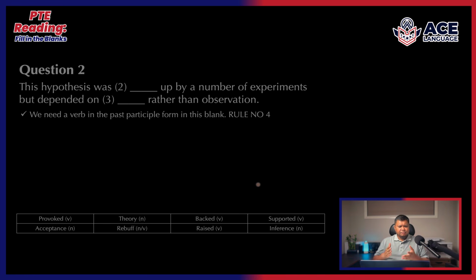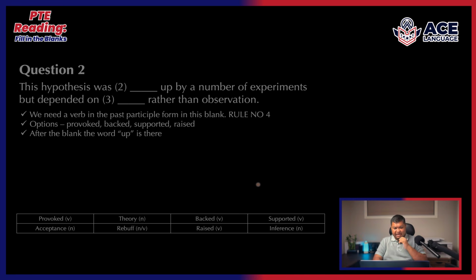That means I need a past participle in this particular blank, and the options are provoked, backed, supported, and raised. Obviously, it has up after that. As it has up after that, supported and provoked are out, because they cannot sit with up. You cannot say supported up. You cannot say provoked up, right? It doesn't work that way.